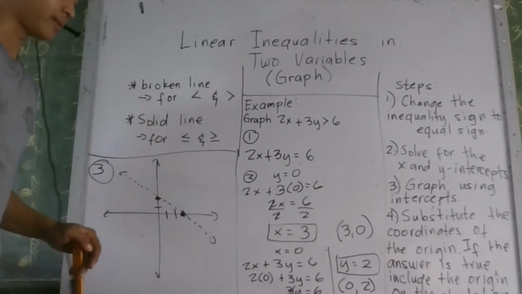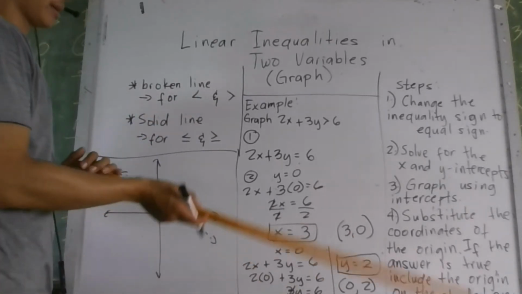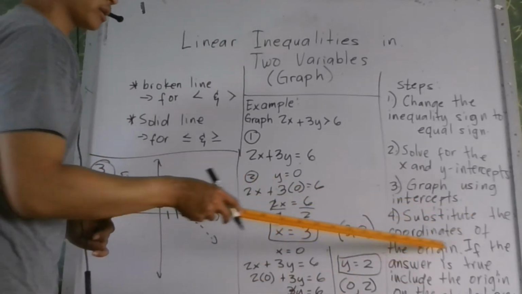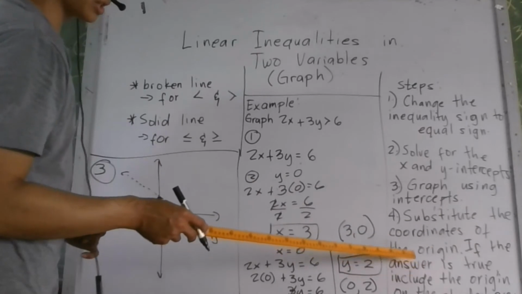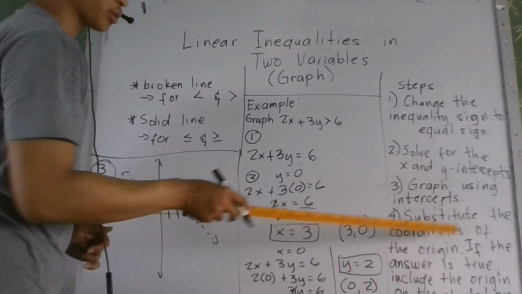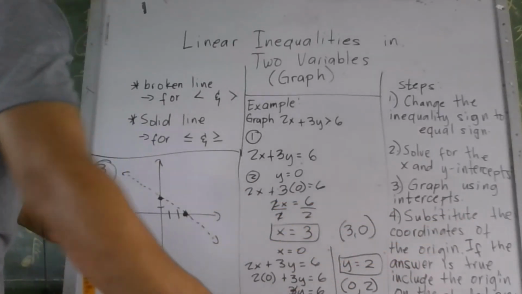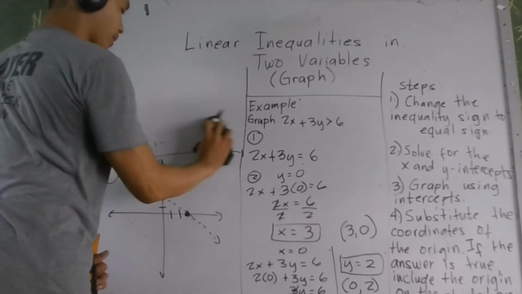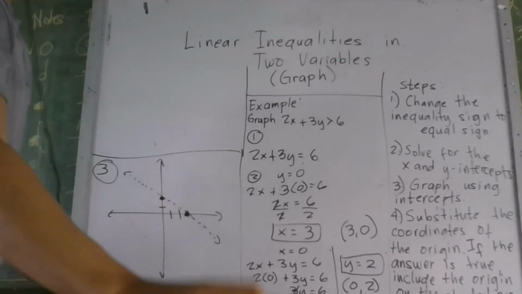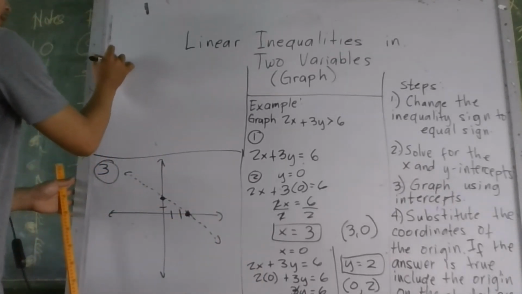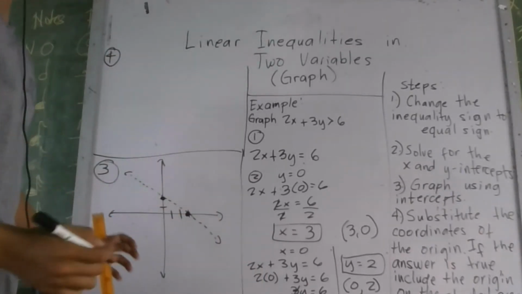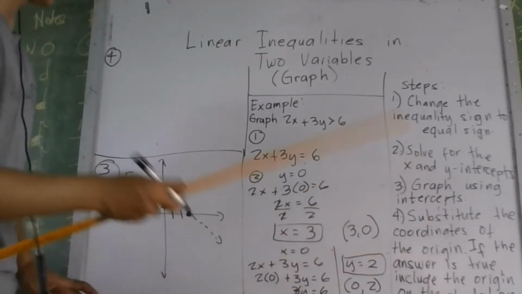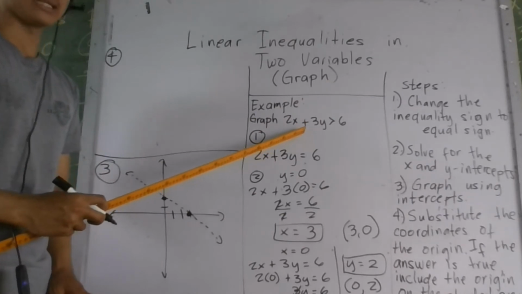Mag-shade tayo later. Okay? Now, the last step here, meron pa tayong last step, substitute the coordinates of the origin. So just take note of this one. I'll erase this. So for step 4, substitute the coordinates of the origin to our inequality mismo.